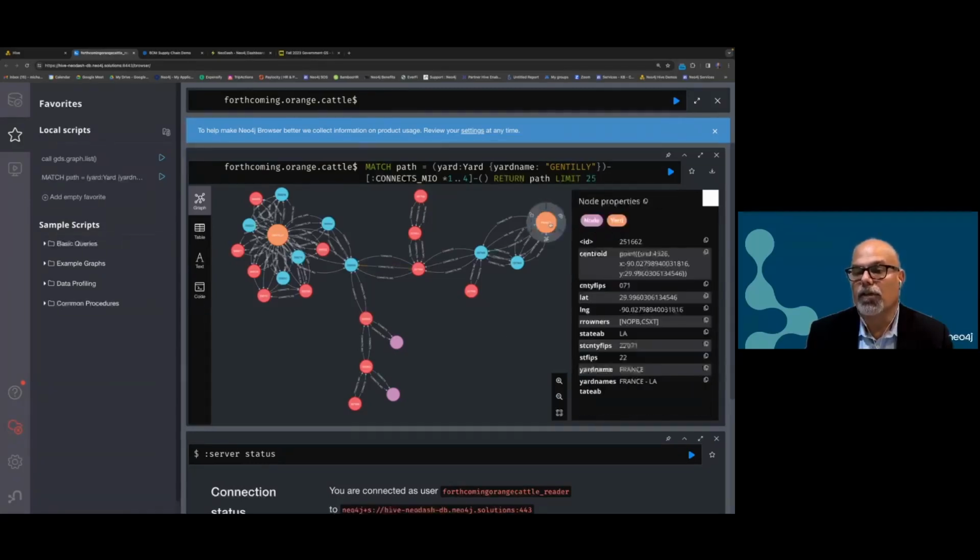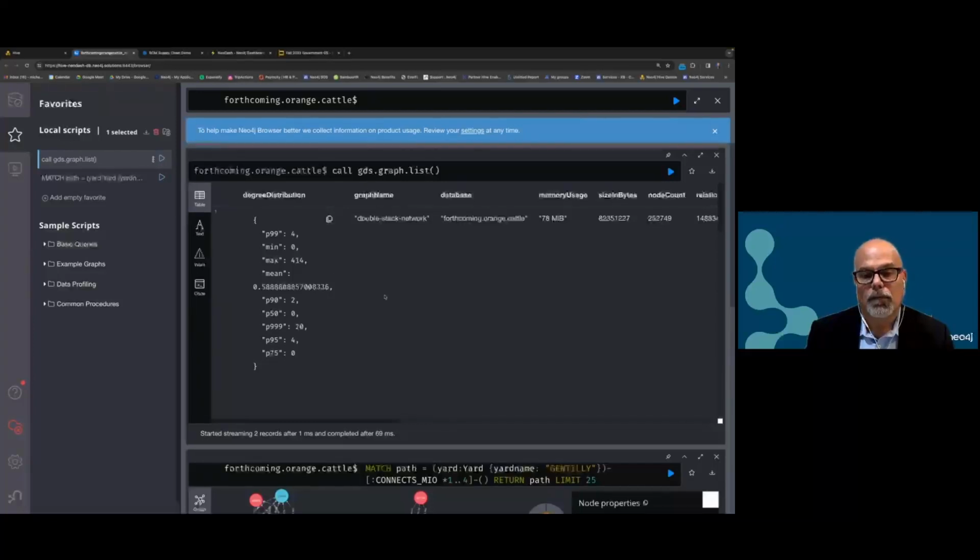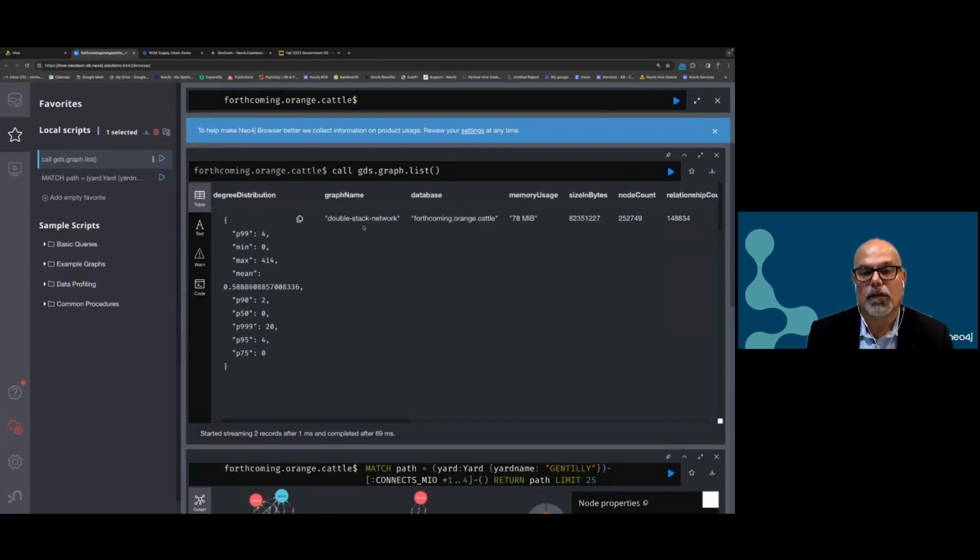And these are the nodes, for example, and you can see that I've got these geographically located and named and so forth. If I want to see the projections, we can just call, and we've already run that code to do the projections. And so you can see here that I've got a projection for the double stack network, which is a subnetwork.